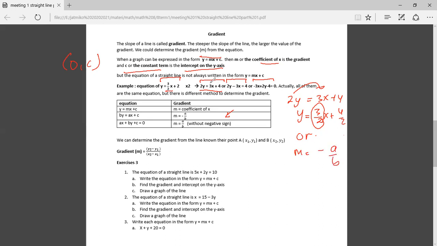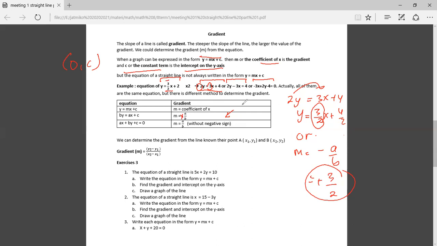So I just take negative 3 per 2. So this is not without negative, so 3 per 2, so without negative. So just ignore this one. So the gradient is 3 per 2, same as before.